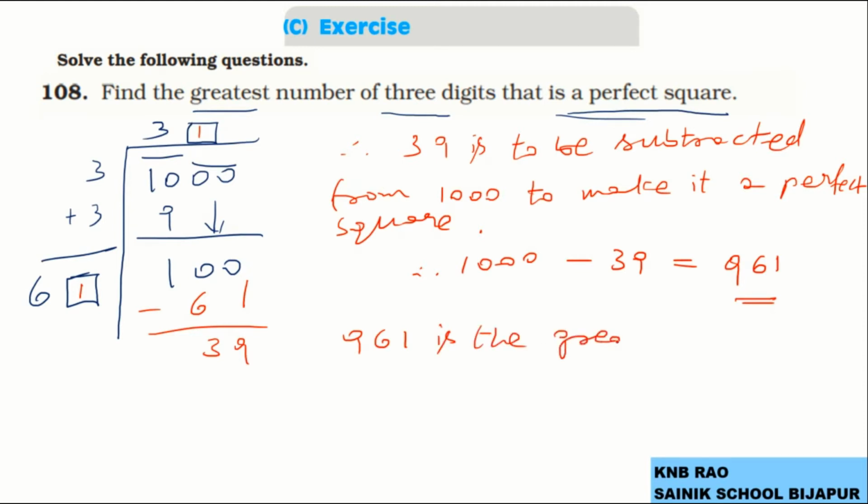greatest number of 3 digit perfect square.